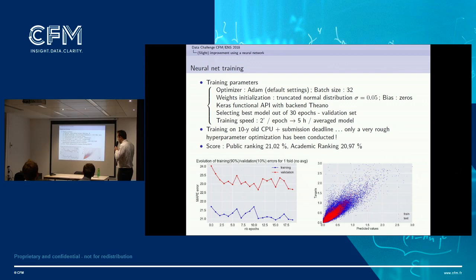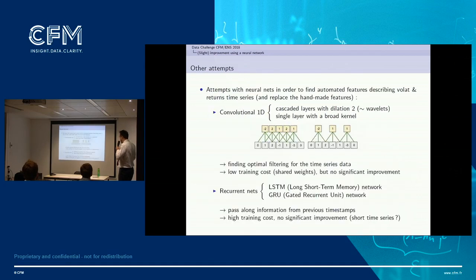Well, depending on the training and validation sets, this can be higher or lower. And so the training speed was 2 minutes per epoch. So that was 5 hours per average model. That's on a 10-year-old CPU, so there was only a very rough optimization that has been conducted actually on the number of layers, number of neurons, and all that.